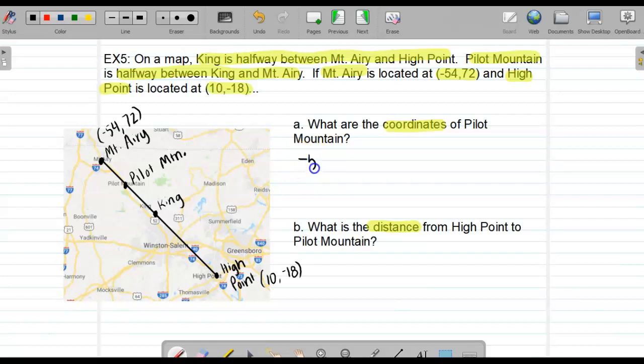Good. Negative 54 plus 10. Okay, good. Divide both of those by 2.